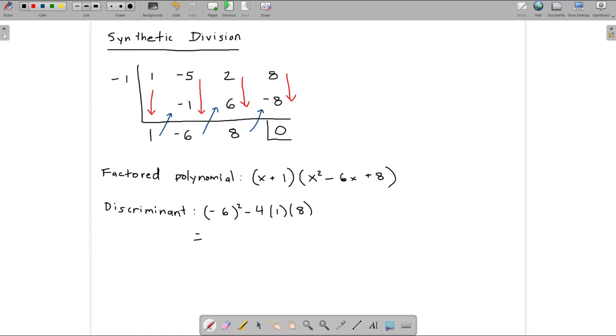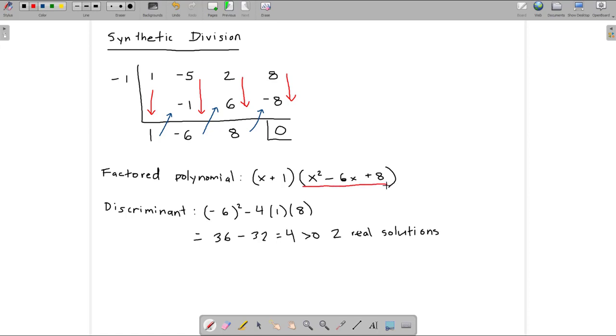So -6 squared is going to be positive 36, minus 4 times 1 times 8 is 32. So this is positive 4, right? Greater than 0. That means that I do have two real solutions to this quadratic here.